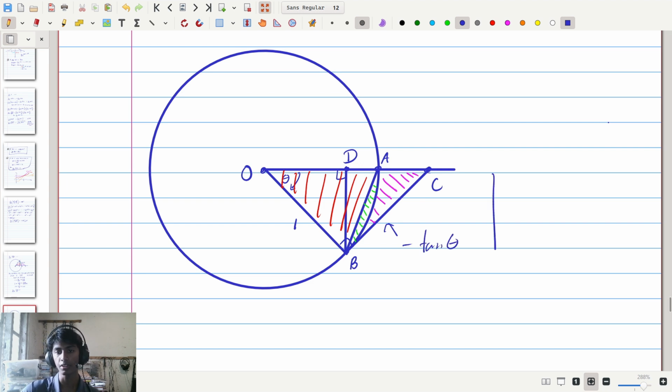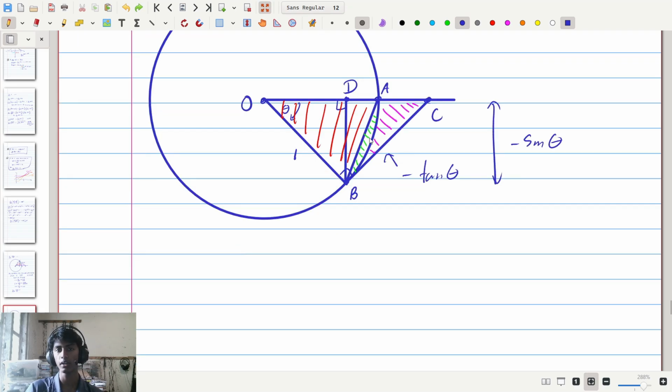For the same reason, even though this length is sine theta, it's sine theta in the negative direction, we want the absolute value of the length, so we want negative sine theta. Similarly, this angle is negative, but we want the physical magnitude of the angle. So what we want is negative the angle theta. So here, this angle, if we represent it as a positive quantity, is negative theta.